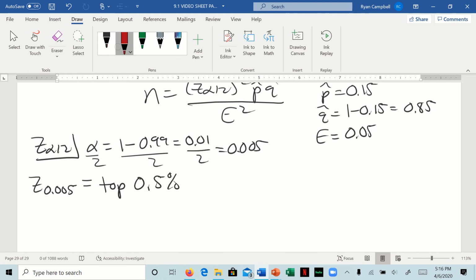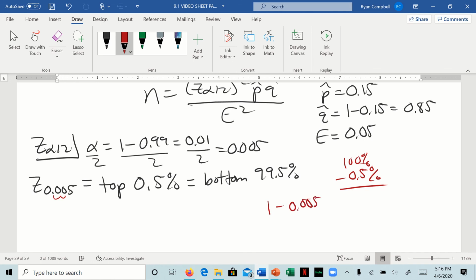Moving that decimal over 2 places. So since it's the top 0.5%, that's going to be the bottom 99.5%, right? Because again, you can just do 100 minus 0.5, or you can do 1 minus 0.005. End up with the same thing, either 99.5% or 0.995, excuse me, not percent.